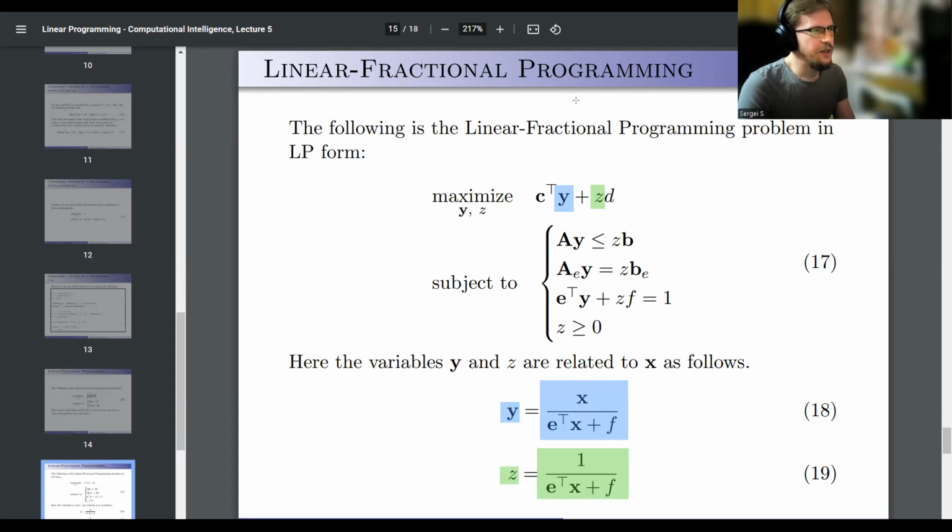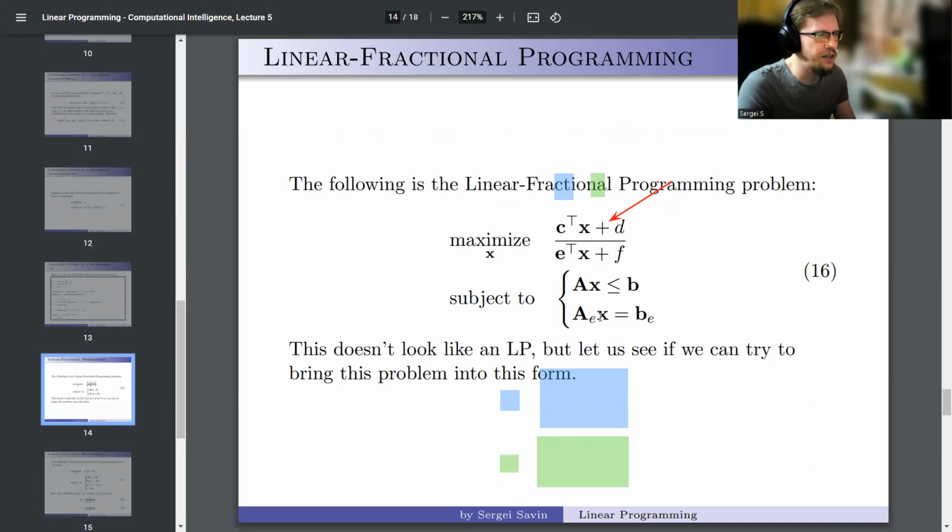Now, it is proposed to replace the original ax less than or equal to b with this constraint, ay less than or equal to zb. Fascinating, very interesting. The original one was ax less than b, aex equality, x equals b equality.